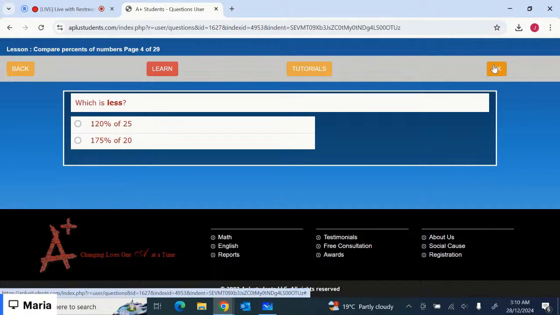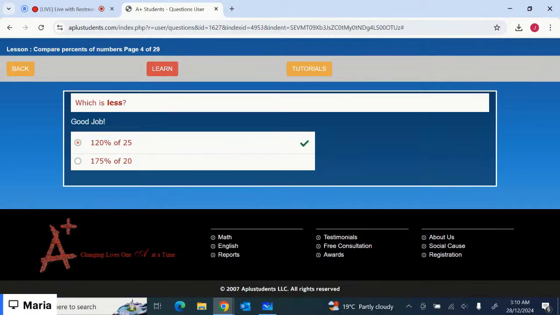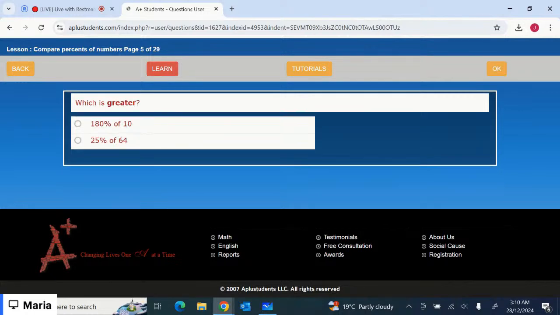So 120% of 25 is 30, and 170% of 20 is 34. So which is less? Option number 1, because 120% of 25 is 30. Option number 1 is the correct option.